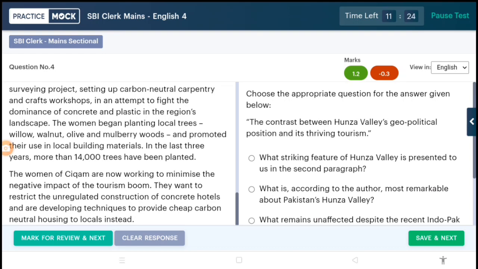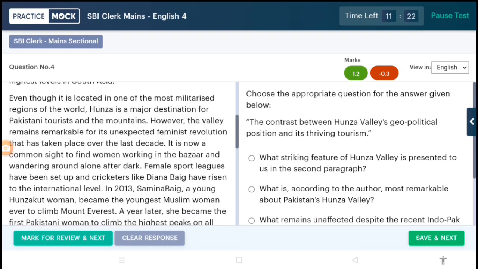The contrast between its thriving tourism.